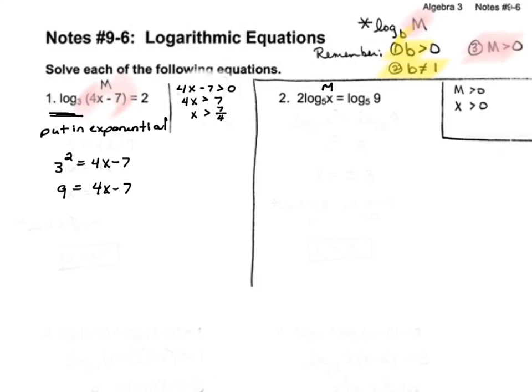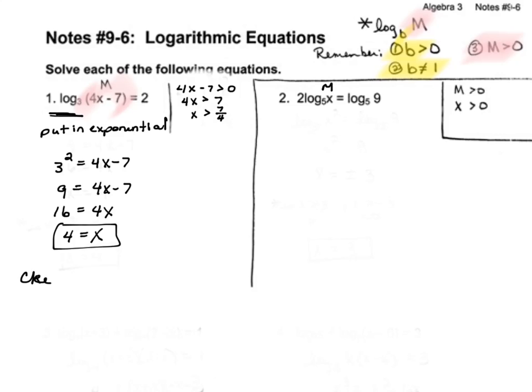Add 7 across, you have 16 equals 4x, and divide by 4, so x equals 4. Okay, and that should be your answer. You can check it, but you don't really have to check it, because you know that that's greater than 7/4, but it certainly doesn't hurt. We can go ahead and do our check here.